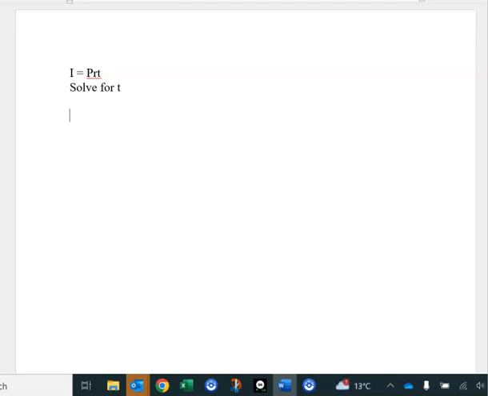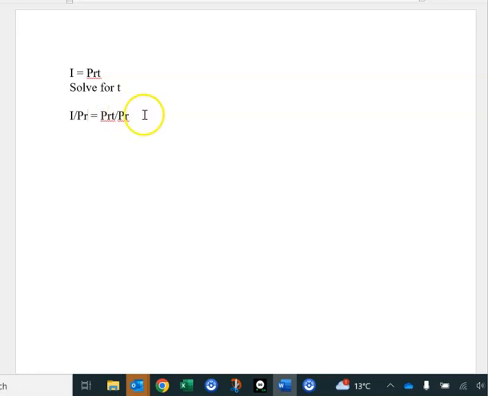To get rid of the p and the r from the t, I'm going to start with the right-hand side. We've got PRT. I need to divide that whole thing by PR. Then I come over here. What I do to one side, I have to do to the other. So that's I divided by PR.